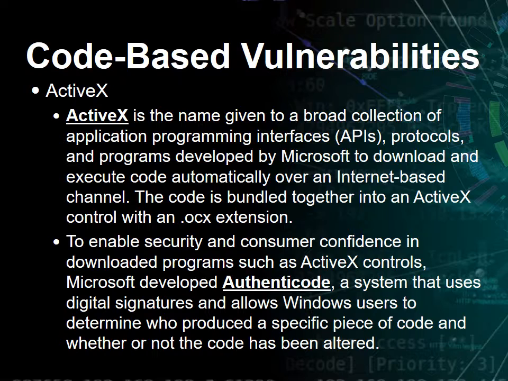To enable security and consumer confidence in downloaded programs such as ActiveX controls, Microsoft developed Authenticode, a system that uses digital signatures and allows Windows users to determine who produced a specific piece of code and whether or not the code has been altered. With Authenticode, you can determine if the person that developed the code is trustworthy, and you can decide for yourself if you want to run the code.